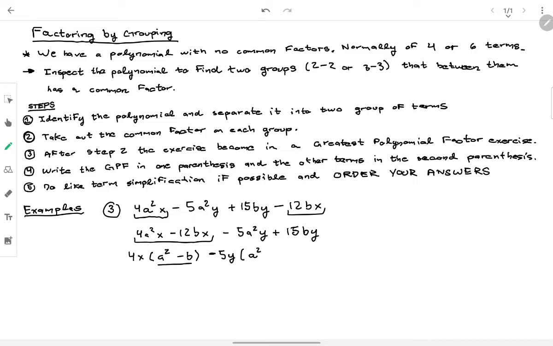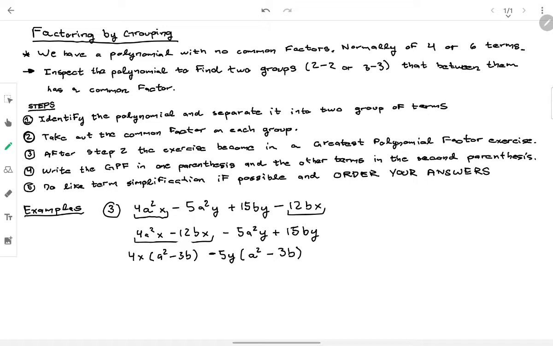Then minus 5y, here I forgot, it's minus 3b. It's a squared minus 3b, not only b. Here on the second part, it's minus 5y that multiplies a squared plus, it's minus multiplied by minus, it's going to be plus 3b.